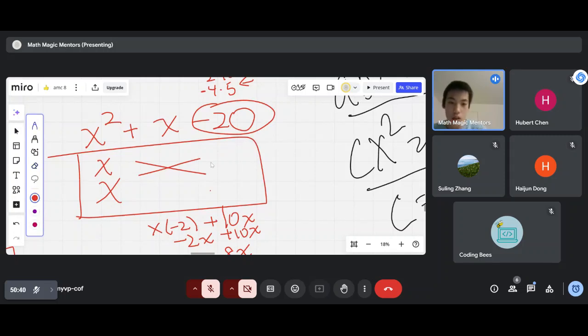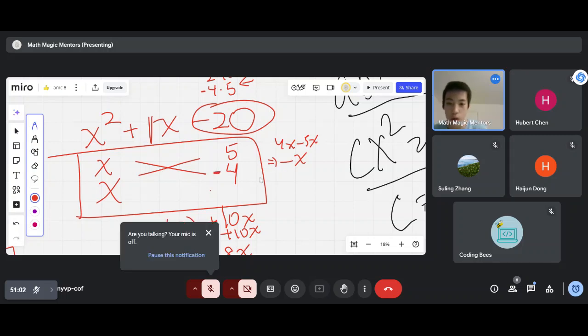Eventually, let's try negative 5 and 4. So 4x minus 5x is negative x. Well, that's very close because we want a 1x, but we ended up with a negative 1. So we just want to flip the sign somehow. Let's try instead with a negative attached to the 4. So negative 4x plus 5x.